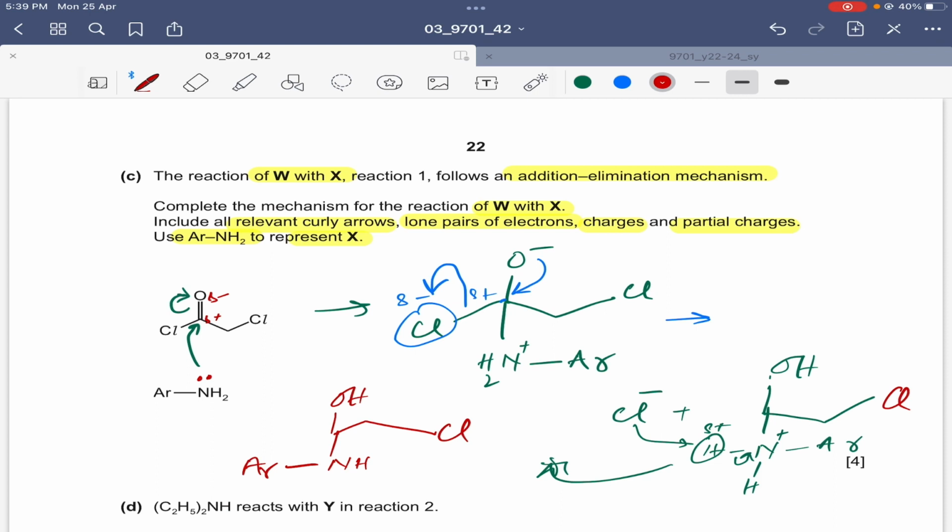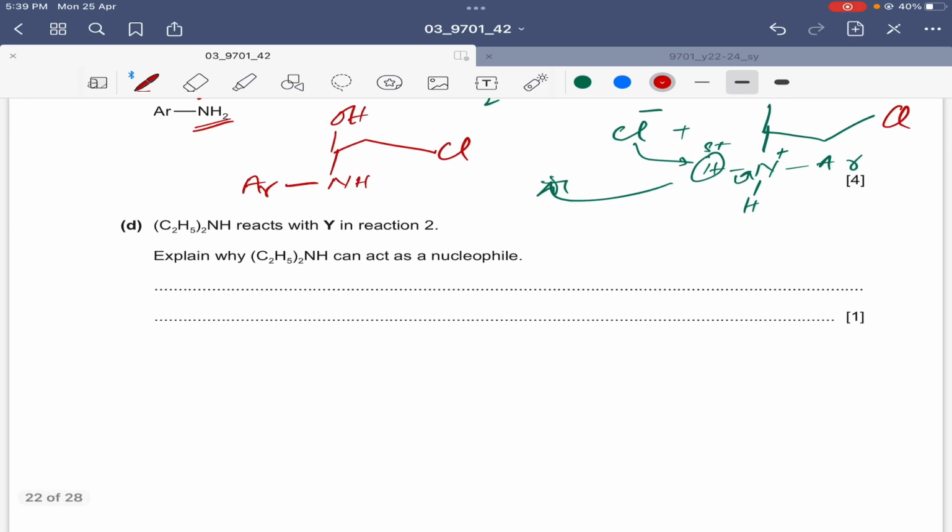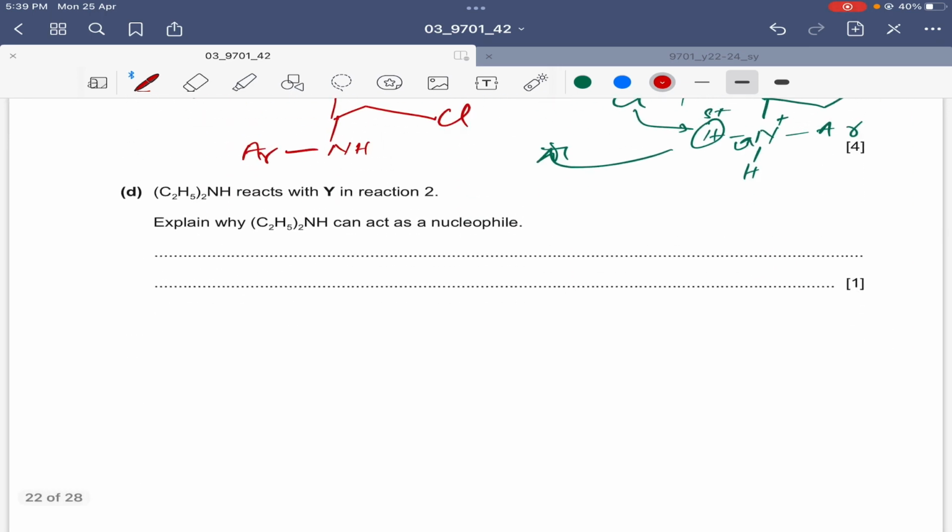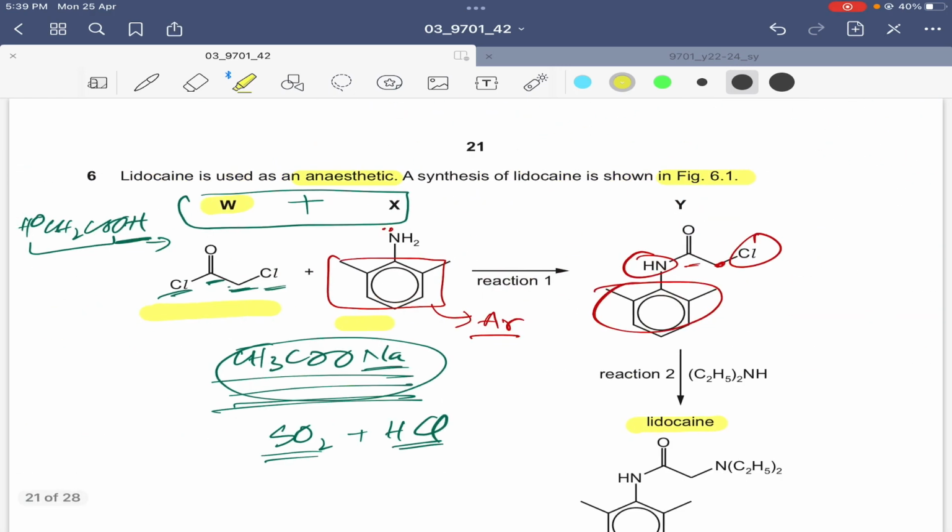First, the amine group attacks on the carbonyl carbon, then Cl would be eliminated, and once deprotonation occurs, we get our desired product, right? Now, the next part is C2H5 twice NH, this diethylamine reacts with Y in reaction 2, right? This is Y. Let's just erase all of this.